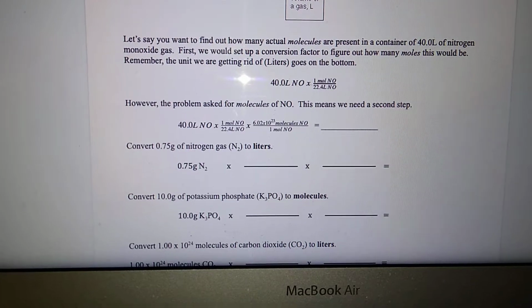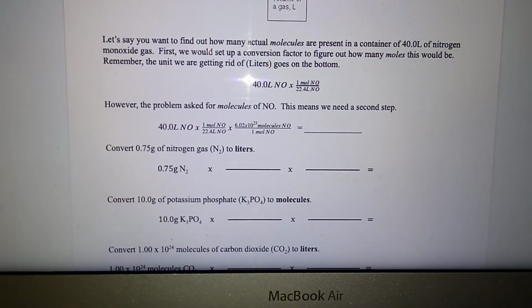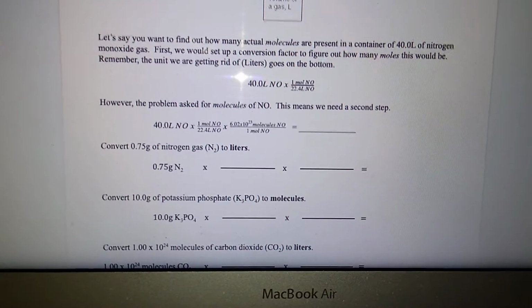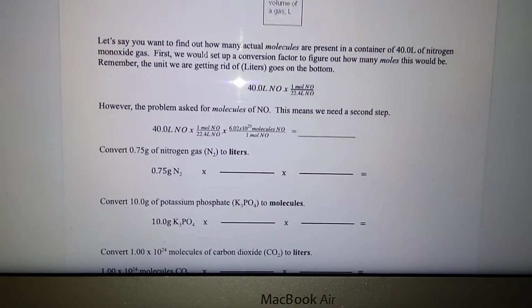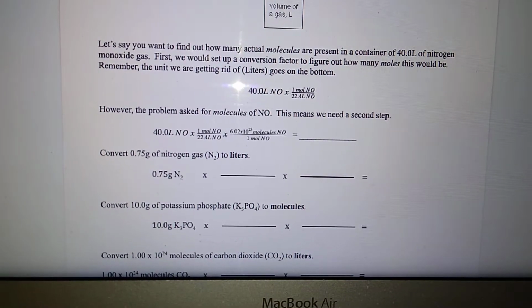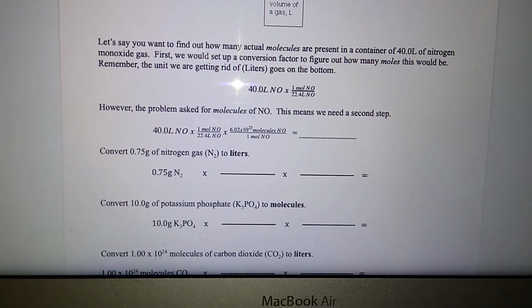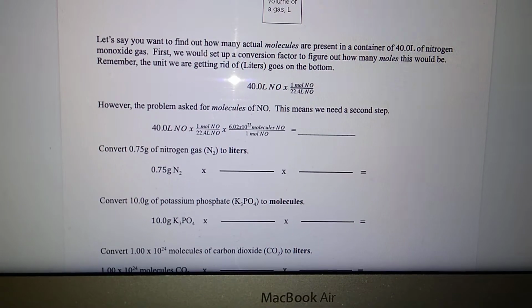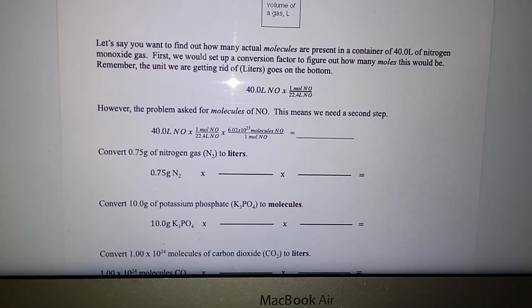It's the one that says 40 liters of nitrogen monoxide. The problem says, let's say you want to find out how many actual molecules are present in a container of 40 liters of nitrogen monoxide gas. So that's our goal.